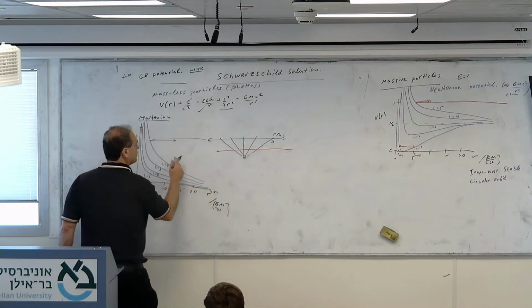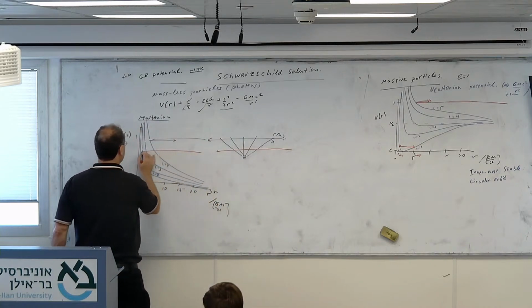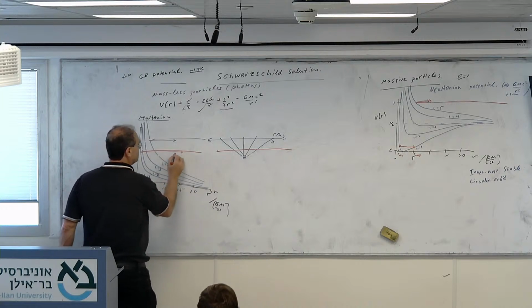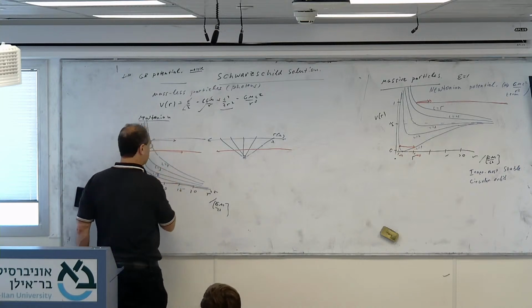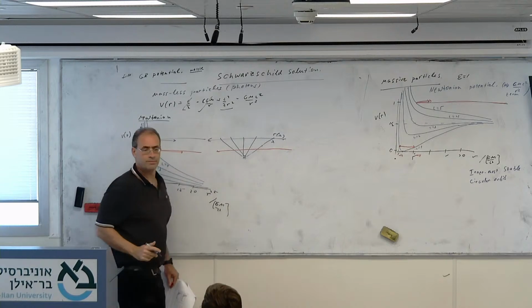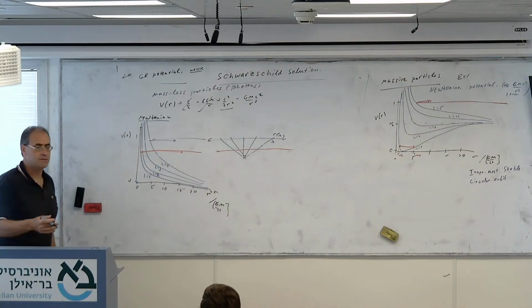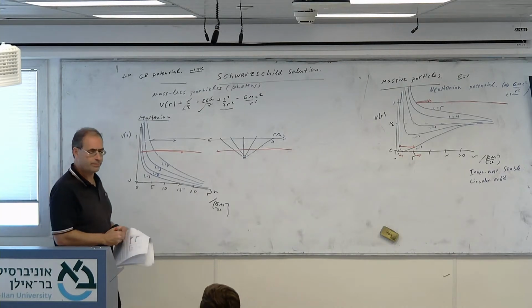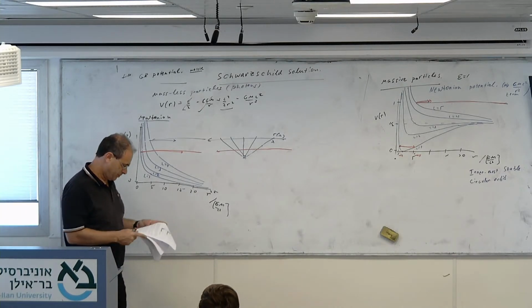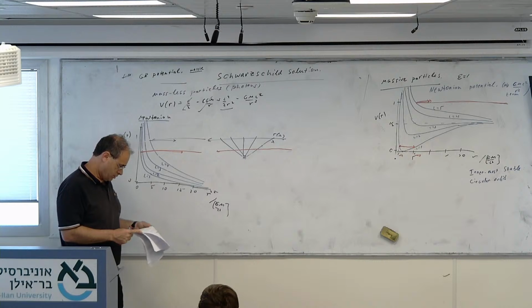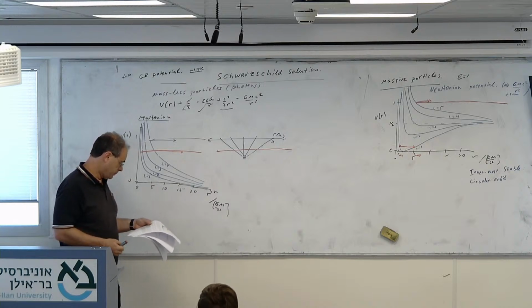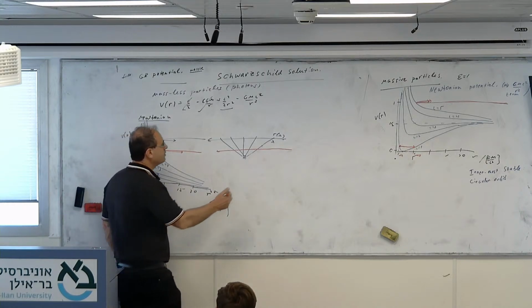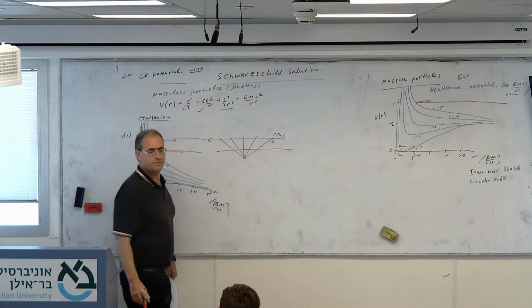And if you have smaller L, that just means that they will go closer to the source. It's an angular momentum associated with the trajectory, not with anything else. Of course, if L is equal to 0, then they just get to the central object.